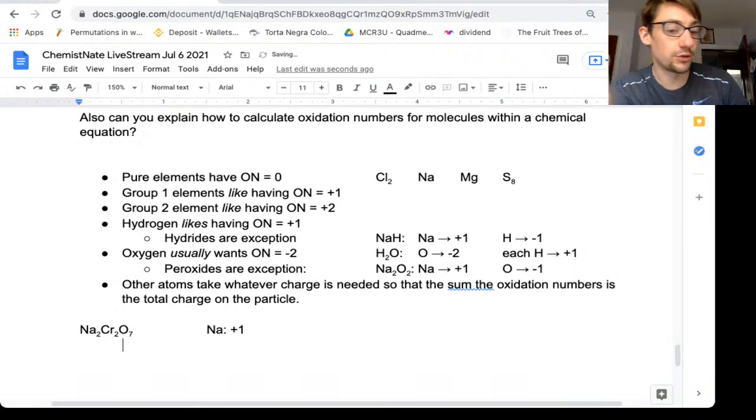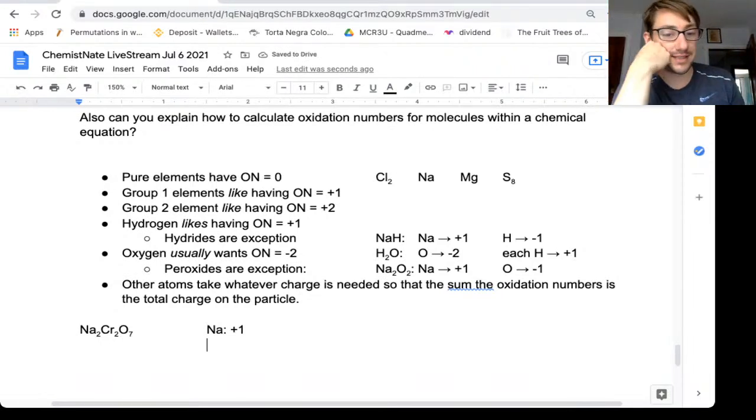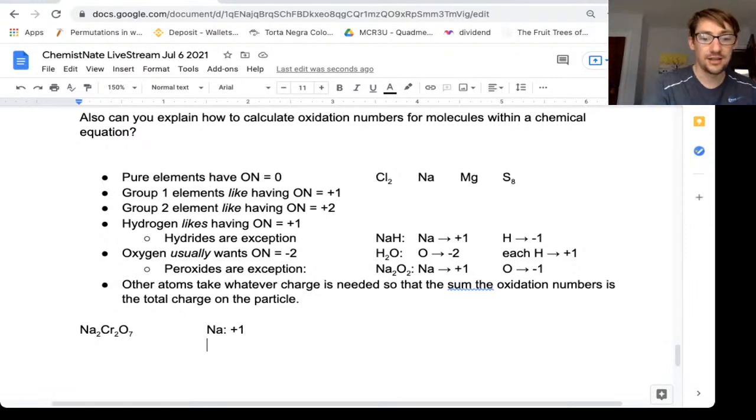That's the most important rule in my book. There are no group 2 elements here. There are no hydrogens here. So I'm jumping down to oxygen, which usually wants -2. Oxygen is not the last thing here, so all of a sudden it can have a charge of -2.